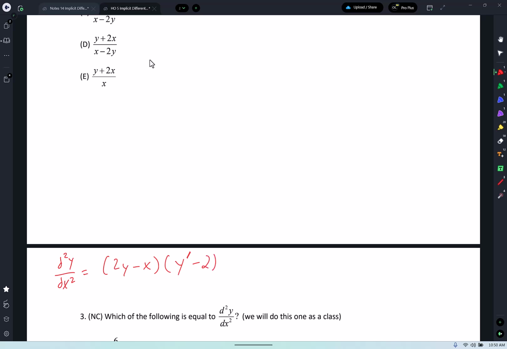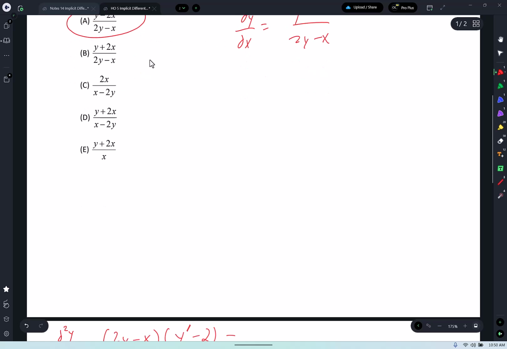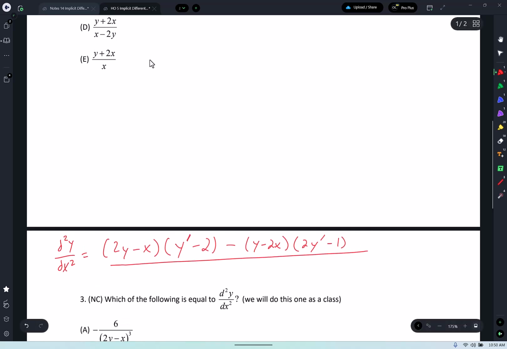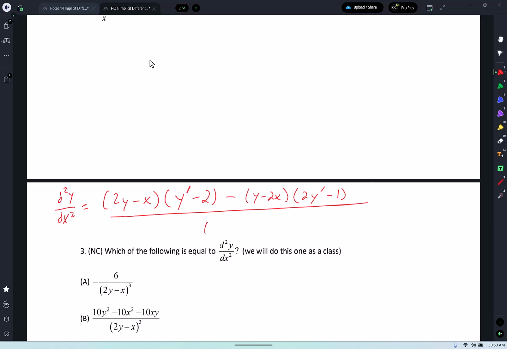Bottom times derivative of the top minus top, y minus 2x, times derivative of the bottom, 2y prime minus 1, all over bottom squared, 2y minus x squared. I think everything looks okay so far. Yeah, we're going to have to be very careful with our algebra.